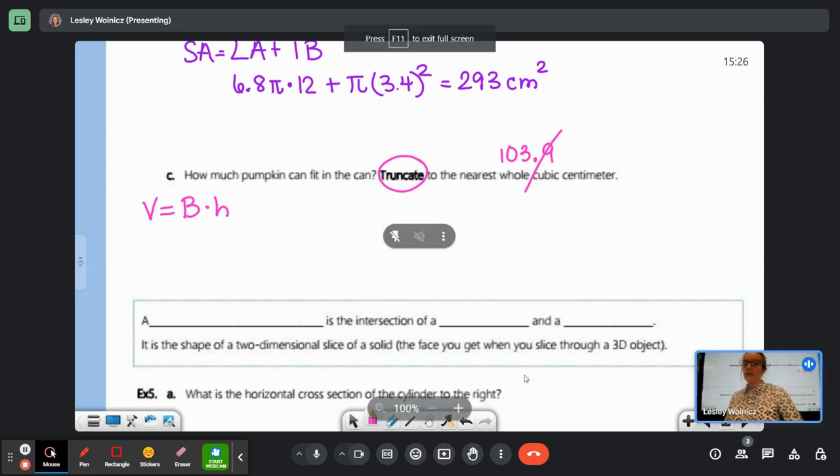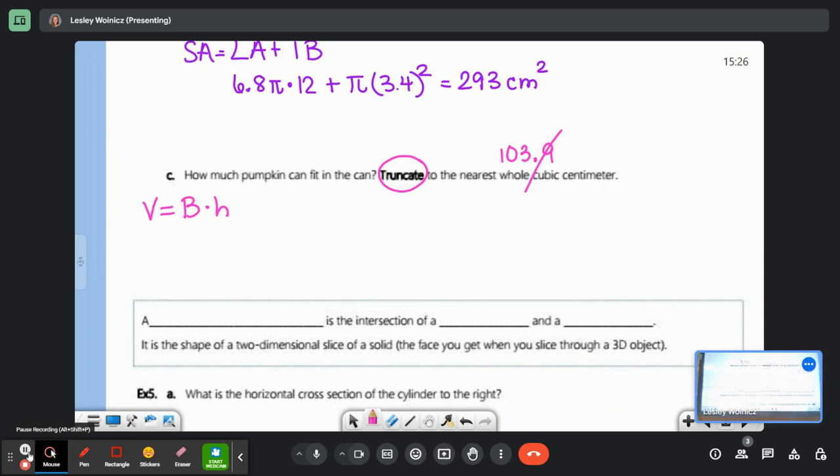Okay, do we need to shut the windows? All right, our big base is pi times 3.4 squared. And our height is what? What's the height of the can? 12, okay. All right, so we're truncating. So whatever the decimal is, we're just chopping it off.